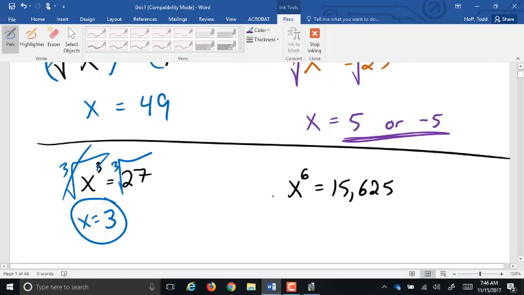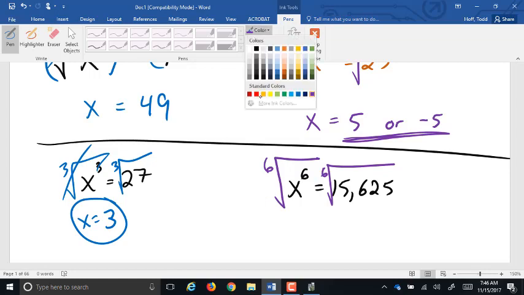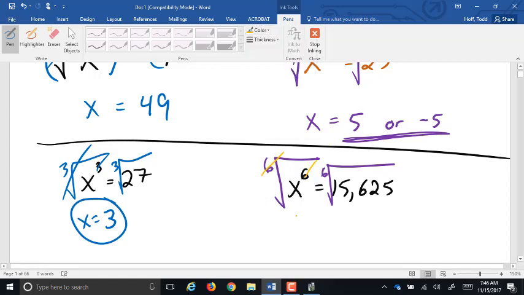Yep. So we have to do a sixth root. So the sixth root and the sixth power cancel out, gives us x equals. Anybody know the sixth root of 15,625? 5. Can't be 8 because 8 to any power would have to be an even number.